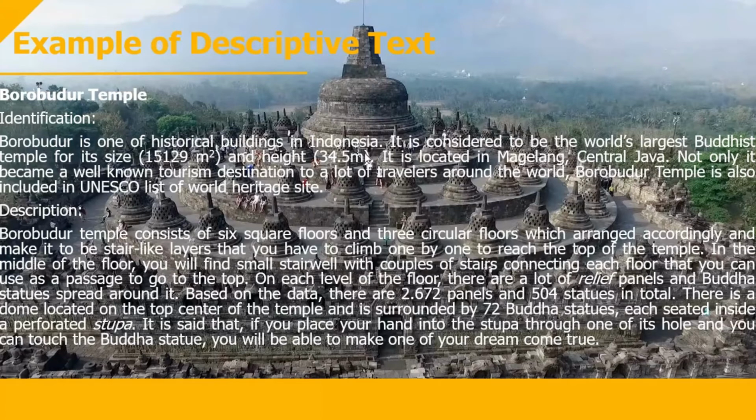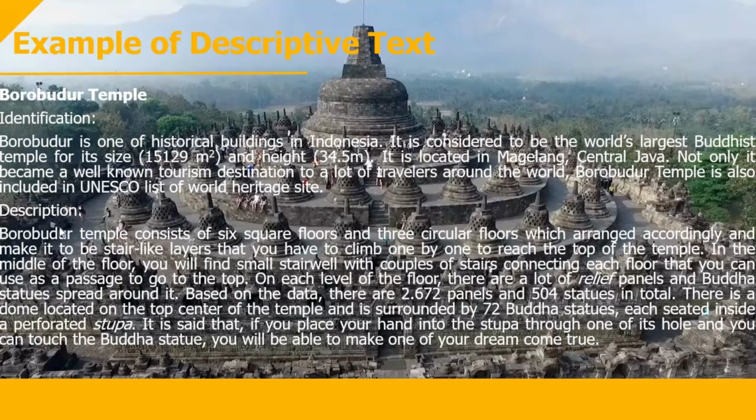Okay, this is the example of descriptive text. This descriptive text tells about the Borobudur temple. The Borobudur temple is a historical building in Indonesia. It is considered to be the world's largest Buddhist temple. This is the identification which contains the introduction about this object.